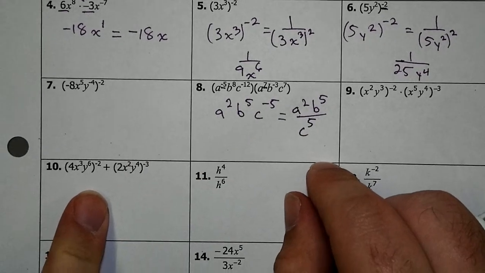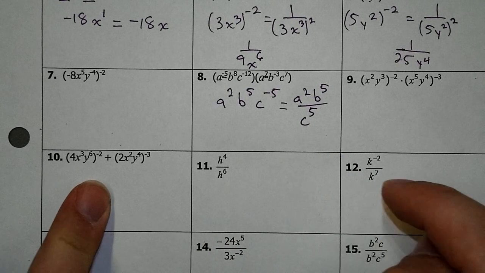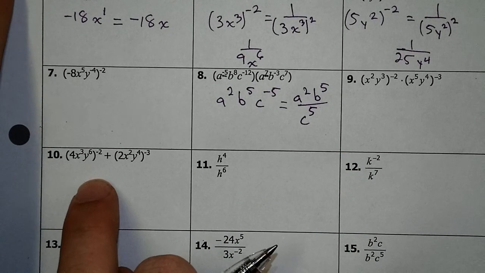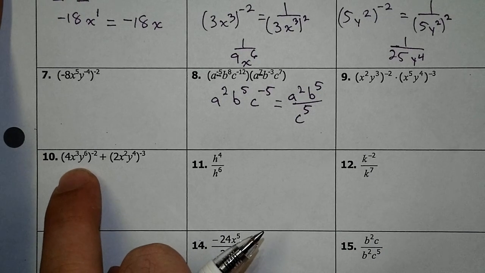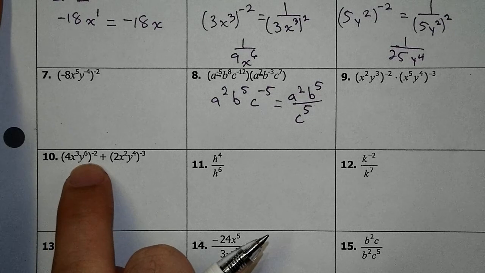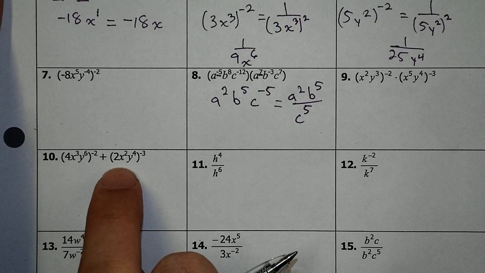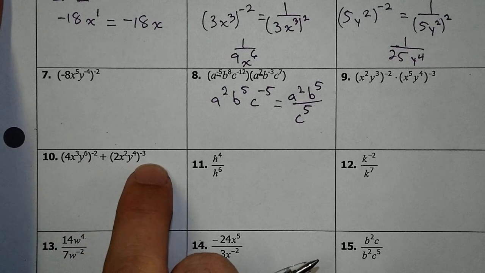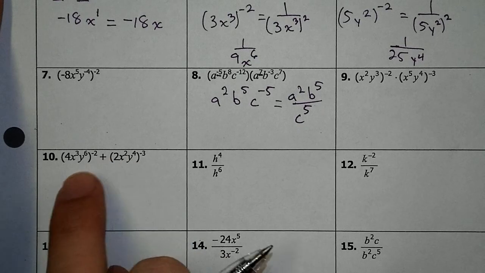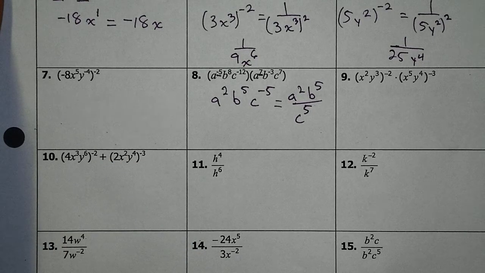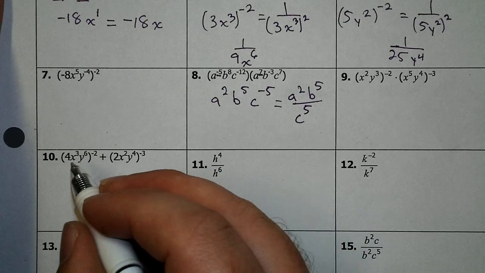Let's do one more, and then we'll change into the fraction notation. So this one we've got 4x to the 3rd, y to the 6th raised to the negative 2, plus 2x to the 2nd, y to the 4th, raised to the negative 3. Well, we've got to handle exponents before we add. We only add like terms.